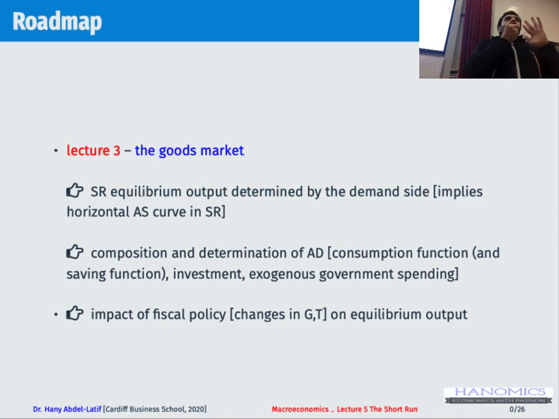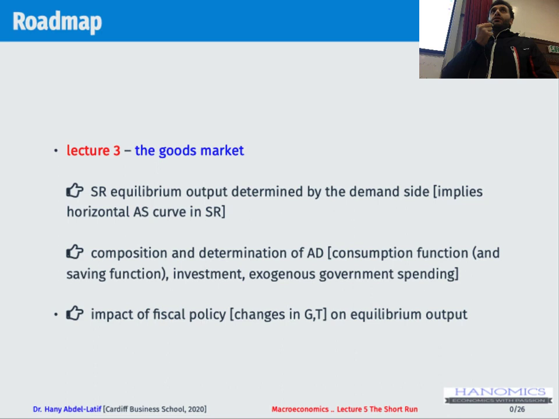You should remember that we're still talking about the short run. When we discuss the equilibrium in the goods market, we talk about the equilibrium in the short run, which means that the equilibrium output is mainly determined by aggregate demand. It's very important to keep this in mind today.